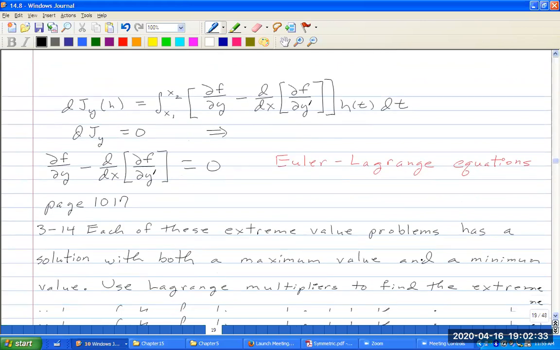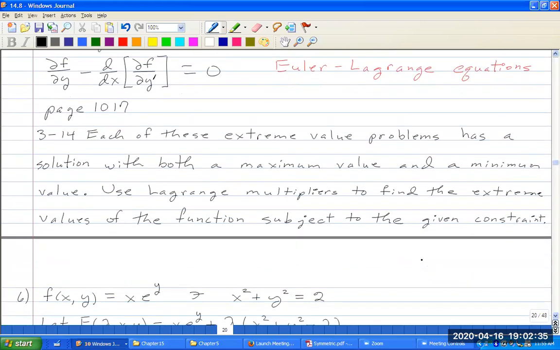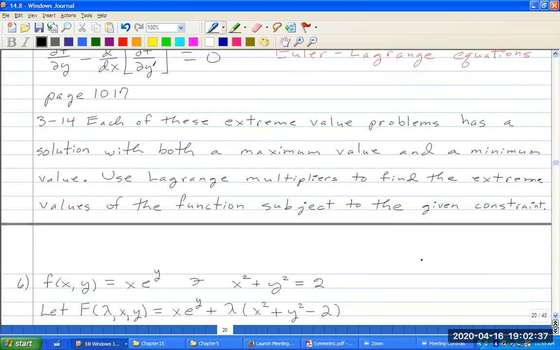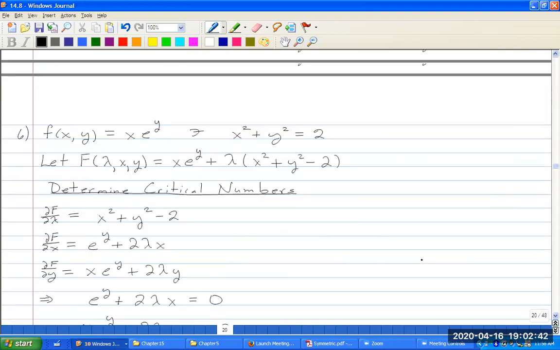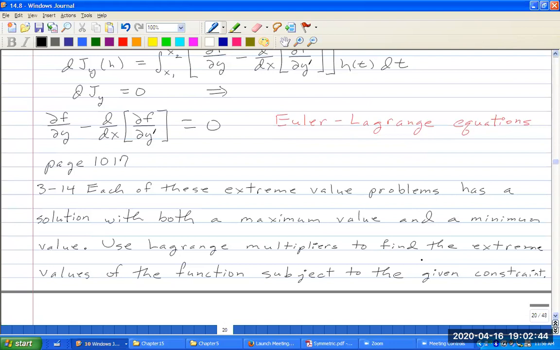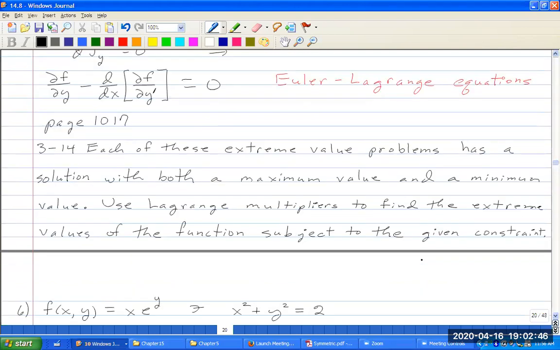Let's do some examples. Some of the algebra is going to be a little sticky. Okay, I wonder if I should just do that. So, page 1017, problems 3 through 14.